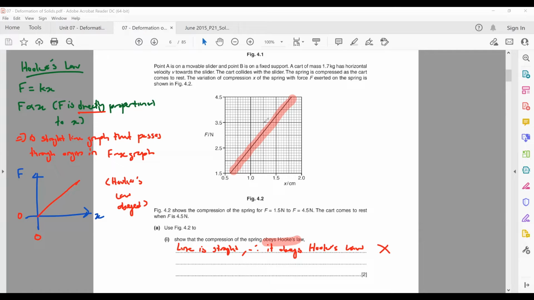If you had something like this instead, let me redraw something else for you. I try to use back the same graph to save space. If you see something like this, this is Hooke's law obeyed.